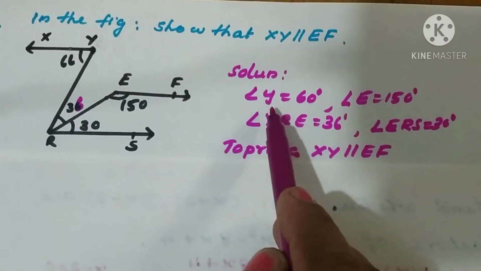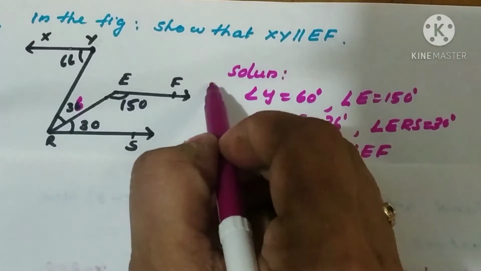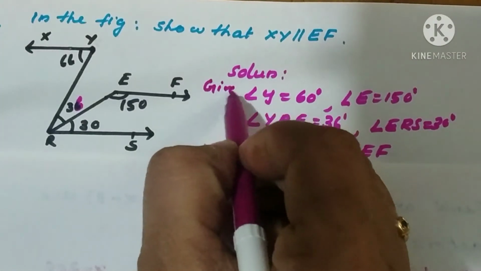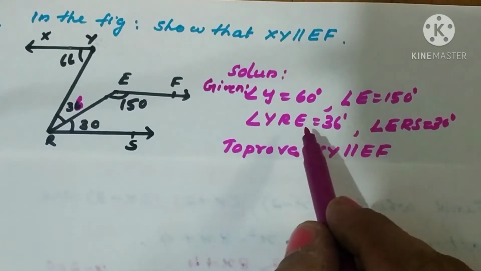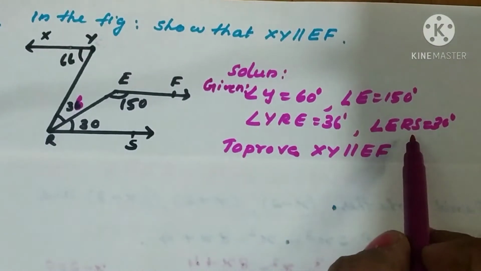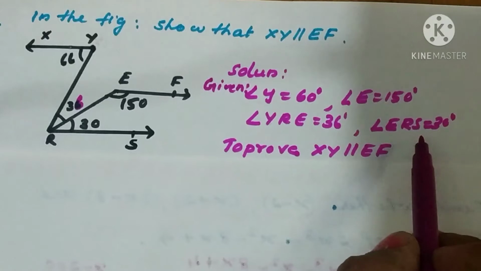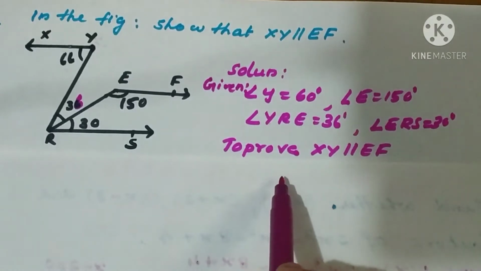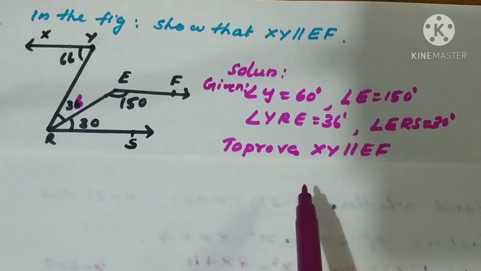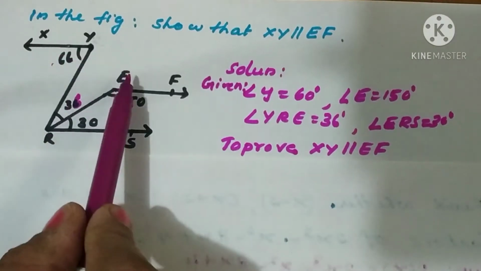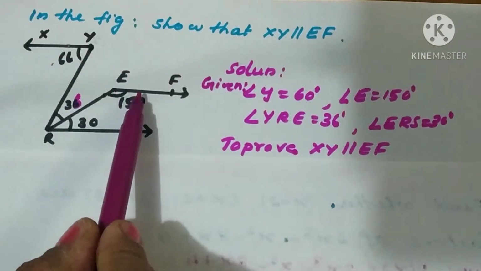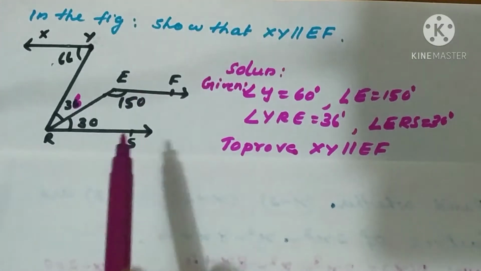First step: what is given in the question. Angle Y equals 60 degrees, angle E equals 150 degrees, angle YRE equals 36 degrees, angle ERS equals 30 degrees, and we have to prove that XY is parallel to EF. Now let us take EF and RS.